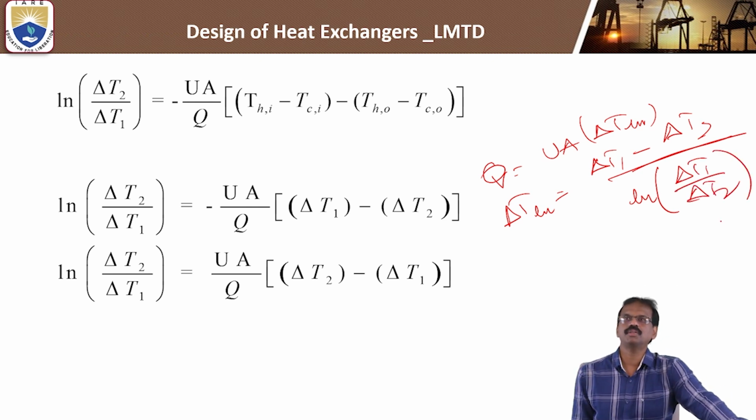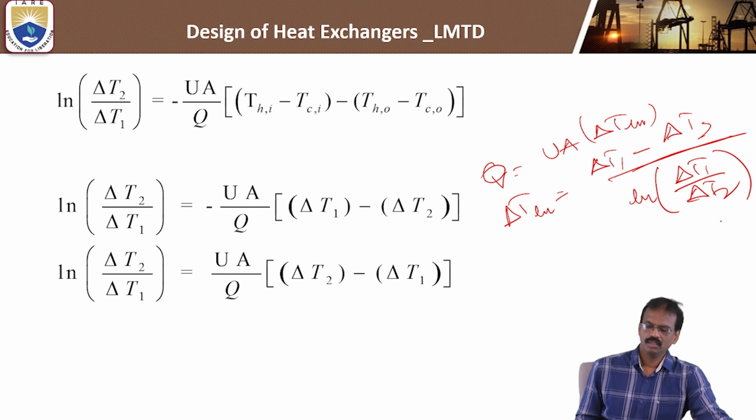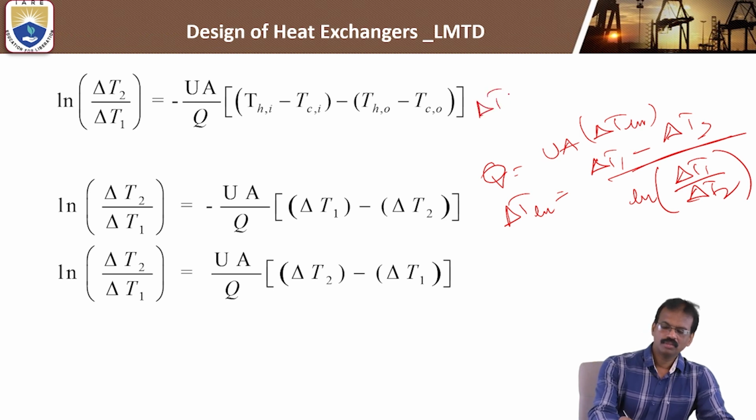So this is the formula. Delta T1 for parallel flow, both inlet temperatures: THi minus TCi. Delta T2, outlet temperature difference: THo minus TCo.